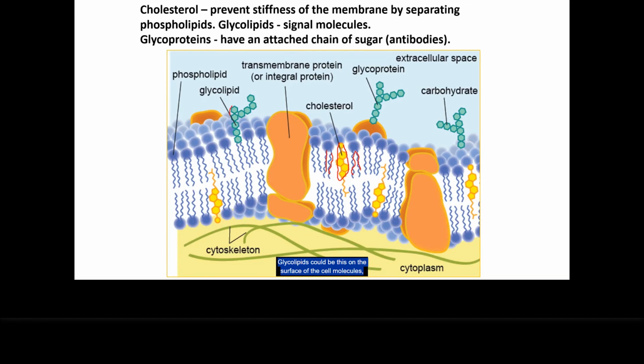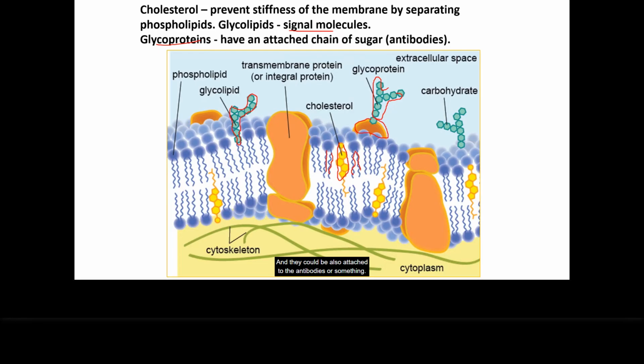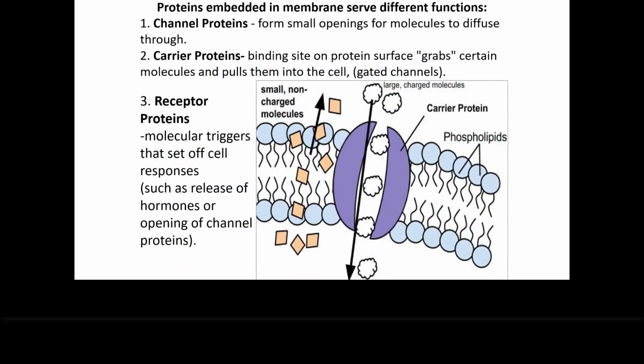Glycolipids on the surface of the cell could act as signal molecules, and we can have glycoproteins, with other molecules attached to the protein part, and they could also be attached to antibodies or something. So the membrane has different glycolipids and glycoproteins, which can have additional functions depending on the cell.